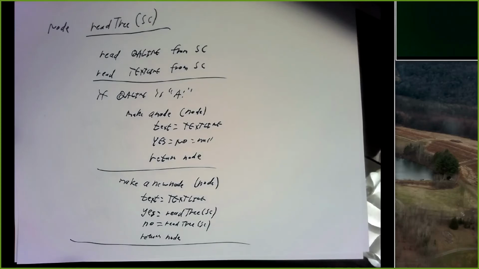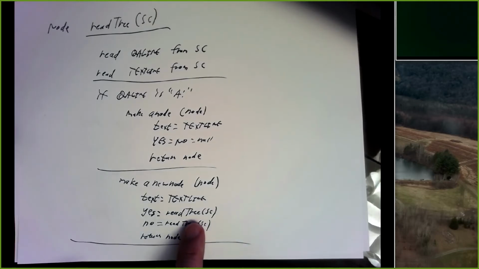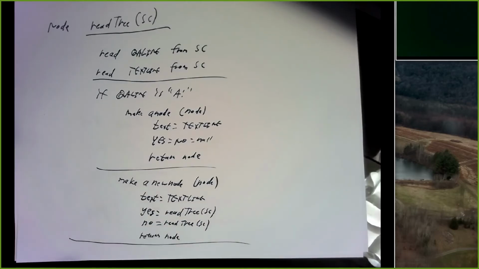How do you know which one goes in the yes and no subtree? So call read tree recursively here. The tree that you get back, that goes in yes. And then call read tree again. The tree that comes back, that goes in no. Is it kind of creating what you call threads? I think you might cover that later on in lecture. No, you're doing these one after another.